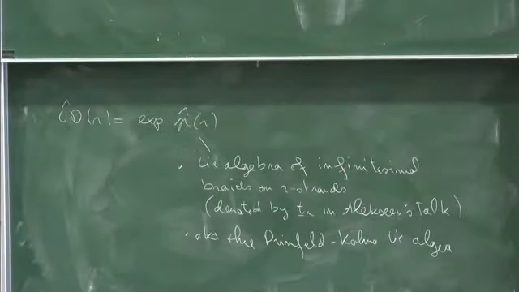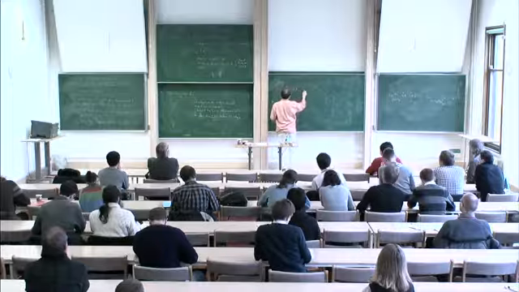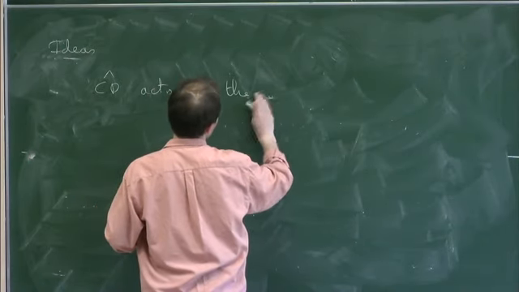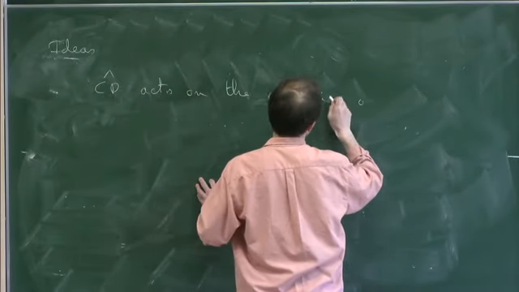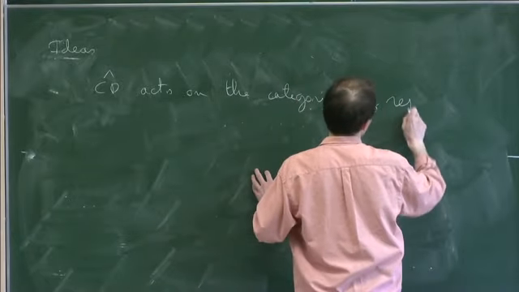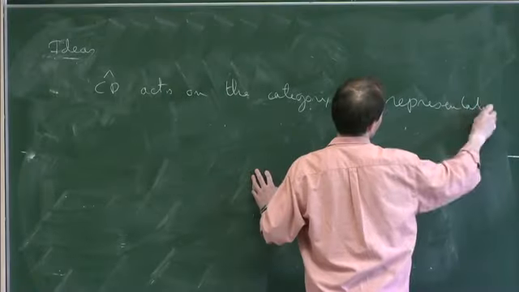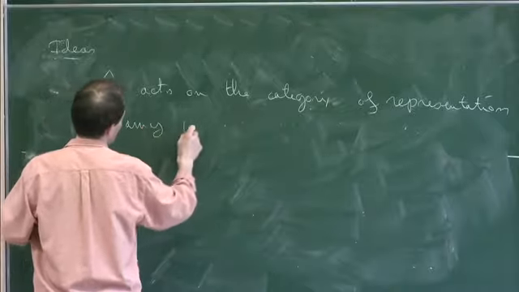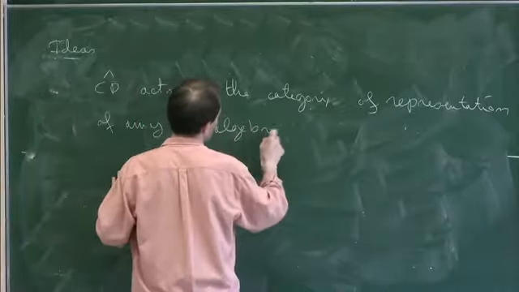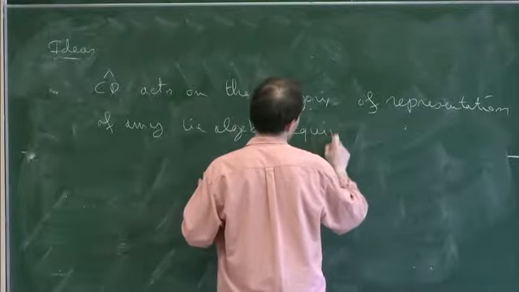To explain some ideas, the idea is that this operad CD hat acts on the category of representations of any Lie algebra equipped with an R-matrix.